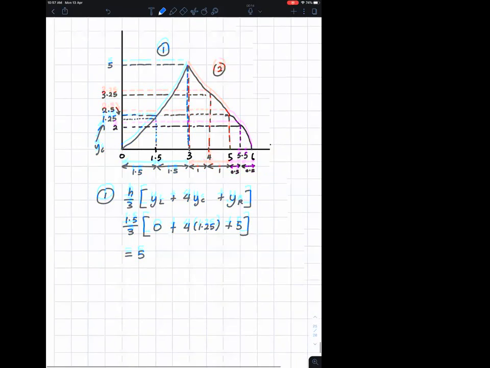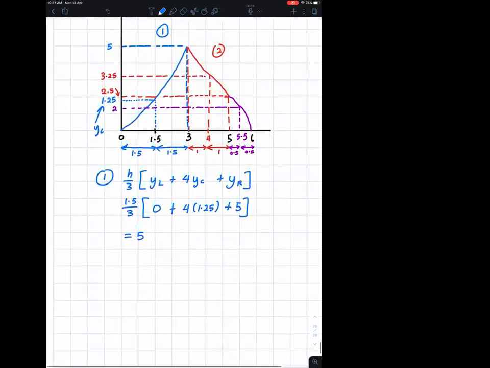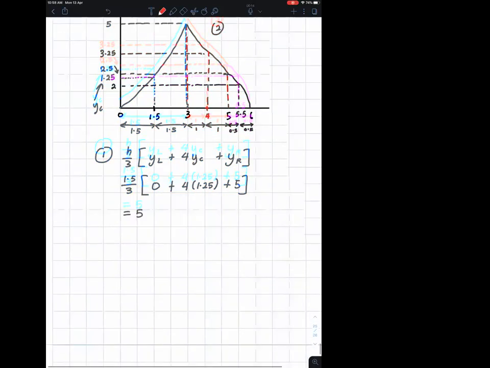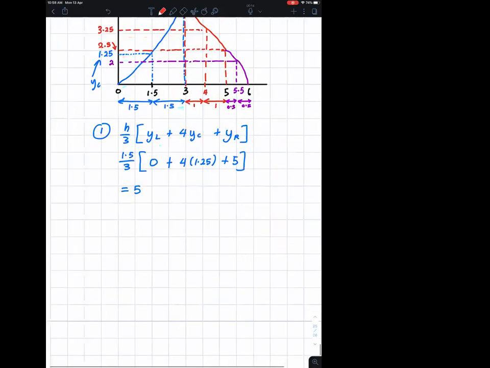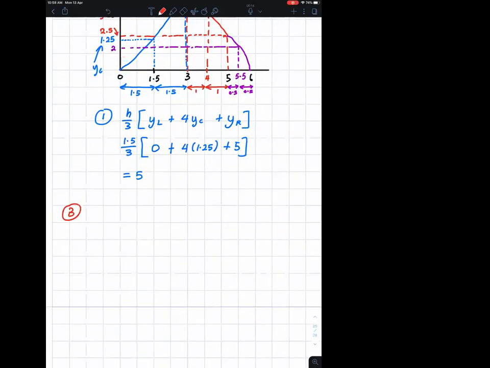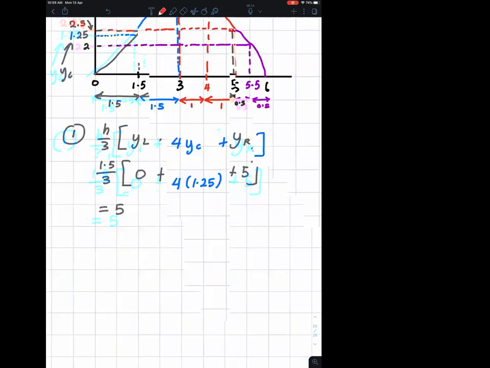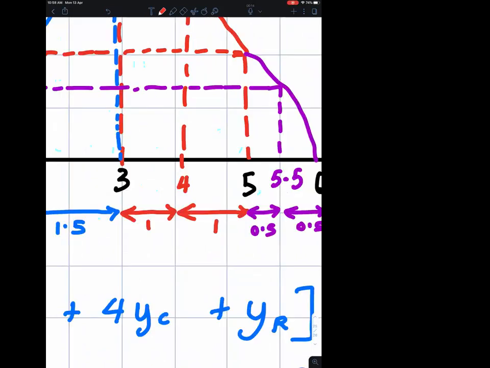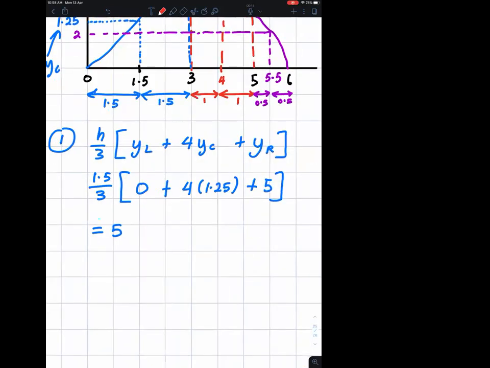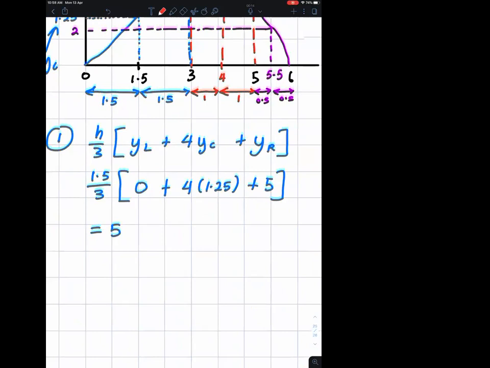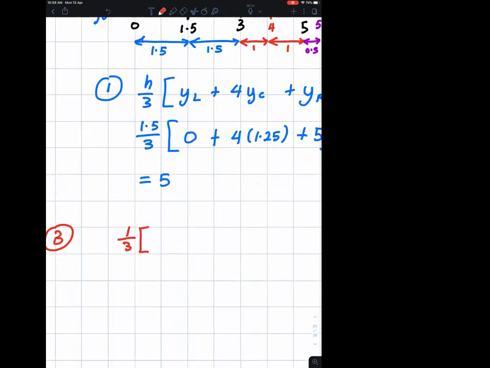Now we go to the red part, applying the same formula. For the red part, the interval h is 1. Still the same formula, so it's going to be 1 over 3. What is YL?